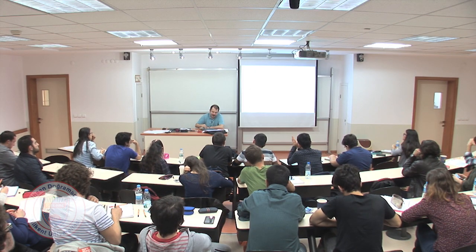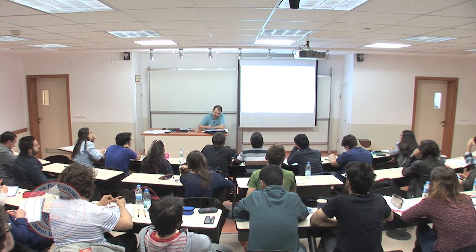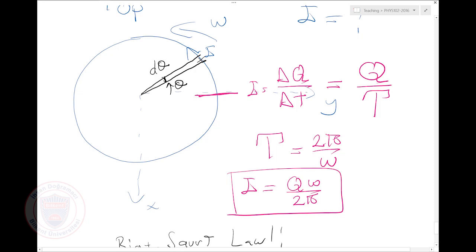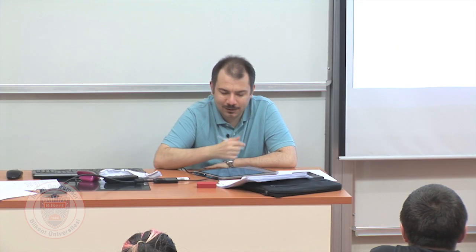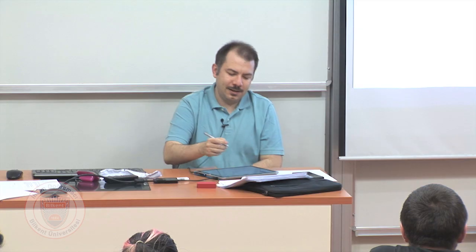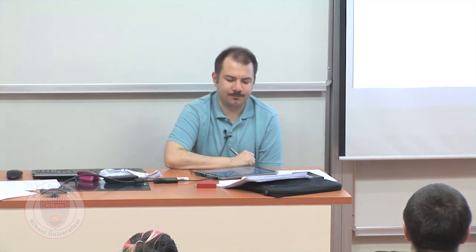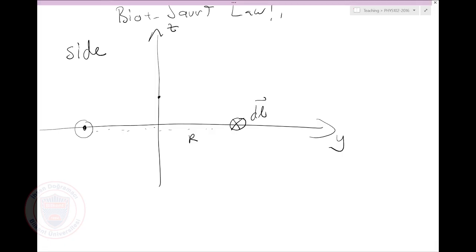Now, if I take two small points, two differential current elements, one on one side of the ring, the other on the other side, let's try to find out which way they would actually create magnetic fields. First of all, let's think about this guy here, dl. And here is my observation point. I use more colors here. Which way is the small magnetic field created by this dl point?